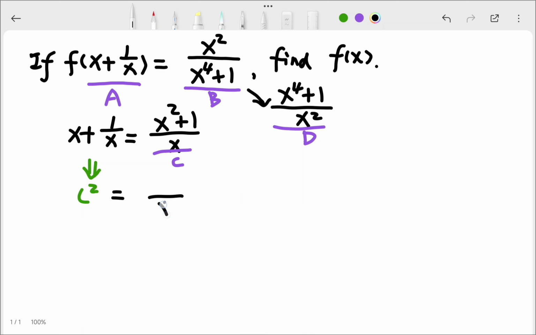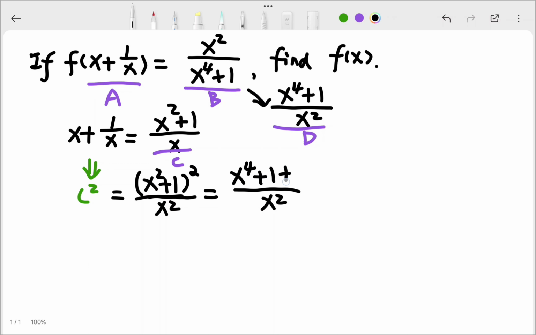equals x squared, all right, let's open up the brackets. We get x to the power 4 plus 1. Don't forget the third term. Okay.